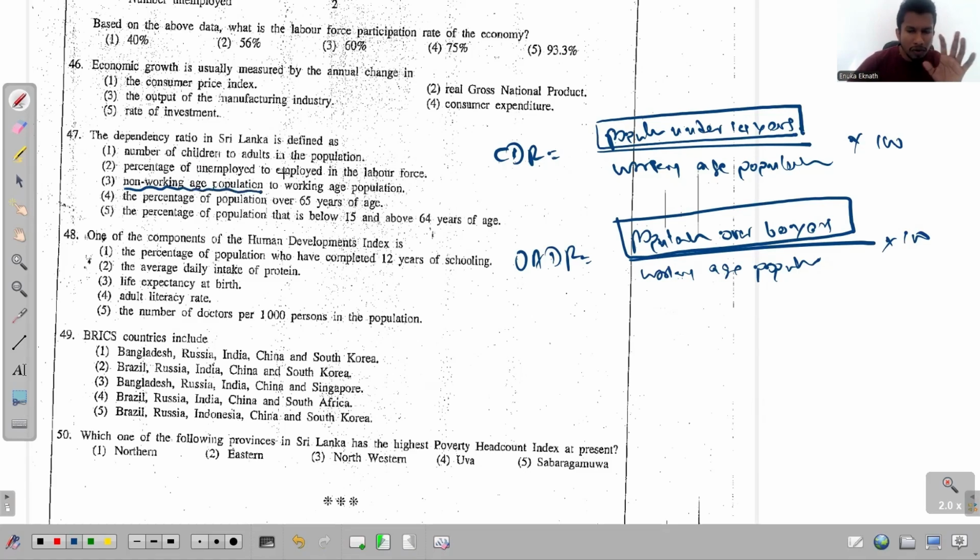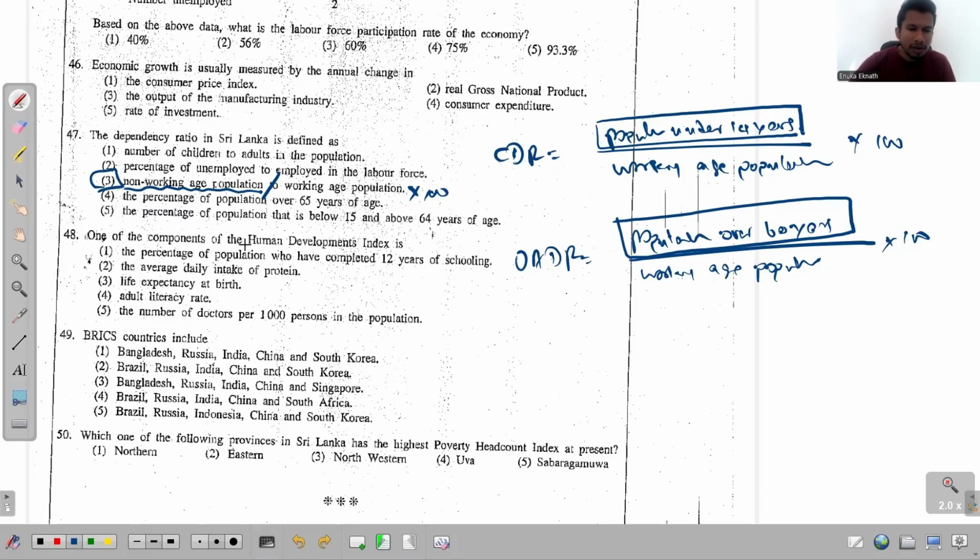So what do you do when calculating this? You take that non-working age population, you divide it by the working age population, and you multiply by 100. So answer has to be the third one. So no point of reading the other ones. Those are easy. All right, look at this question number 48.